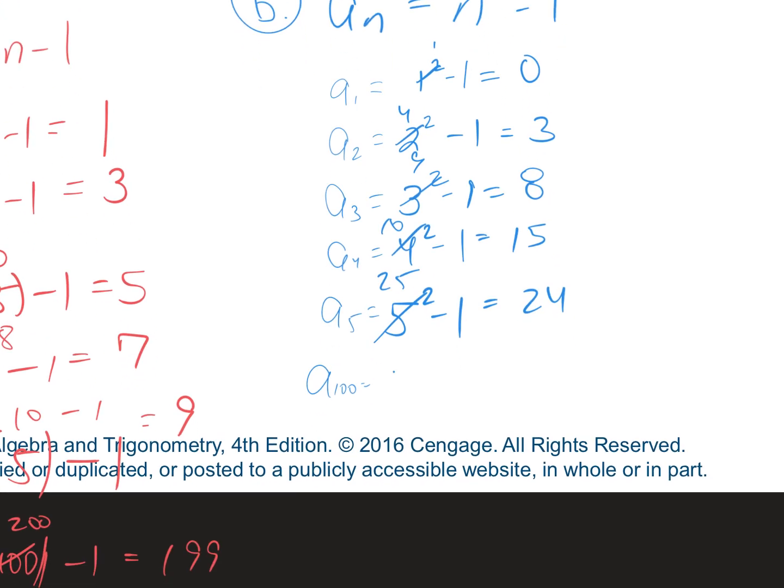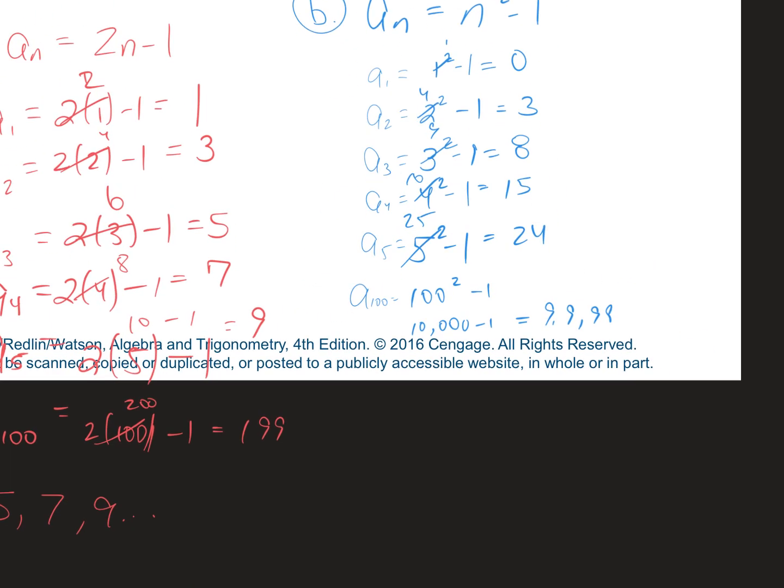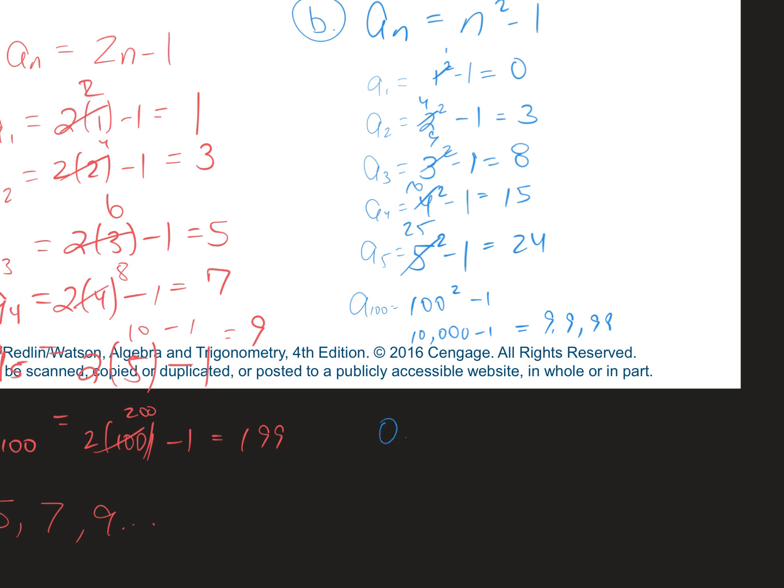Okay. 100 squared minus 1. 100 squared is 10,000. Minus 1 is 9,999. So the first 5 terms of this sequence are 0, 3, 8, 15, 24.